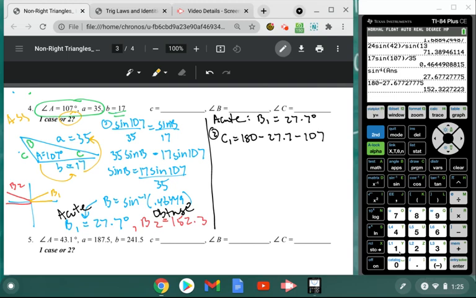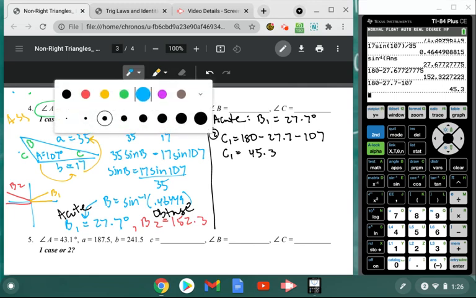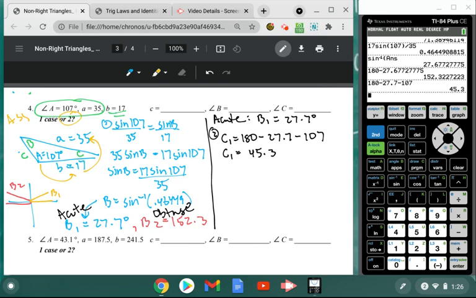So we'll just do that. 180 minus 27.7 minus 107. Okay, and so this gives me C1 is 45.3. So let's go ahead and write these answers down in blue. So 27.7 will go here. 45.3 goes there.